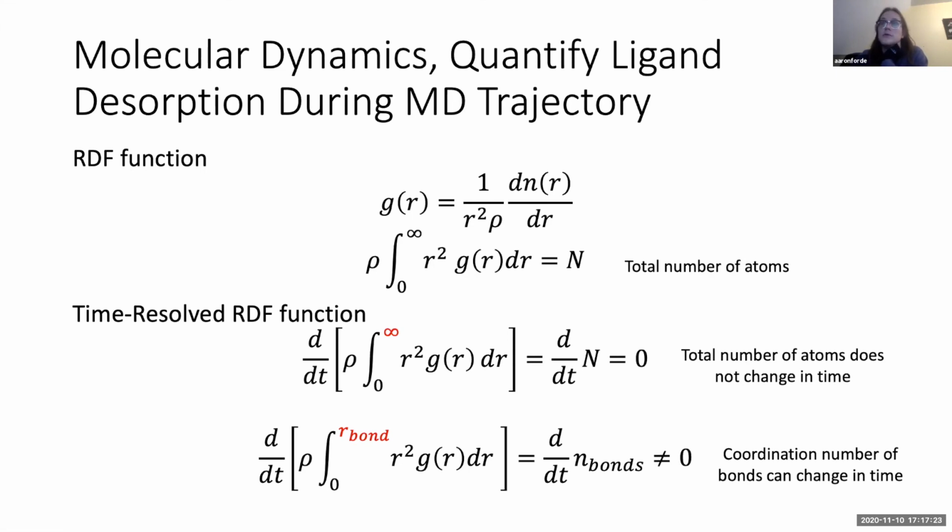Or, well, for our simulations, it won't change the total number, but you can look at the changes in coordination numbers, or what I call N bonds, if you just consider integrating up to the coordination distance between the species. So if some bonds are broken, the distance becomes bigger, and these neighbors go into a different sphere and are not in this R bond threshold. That would mean that you lose the area up to that bond.